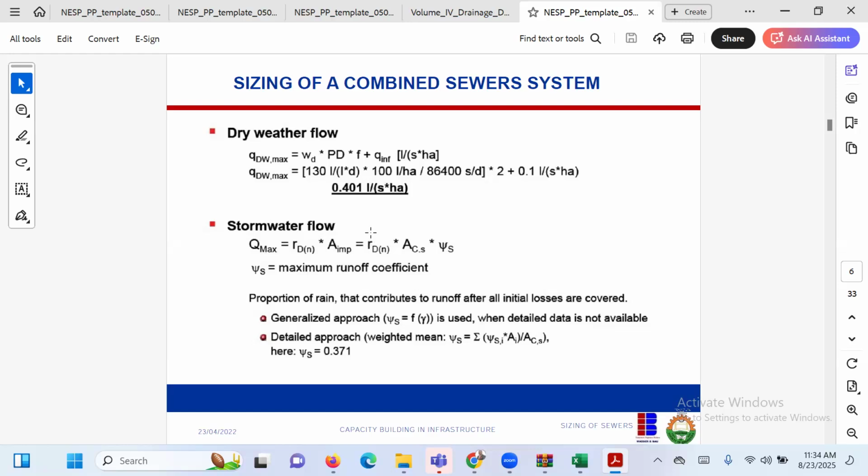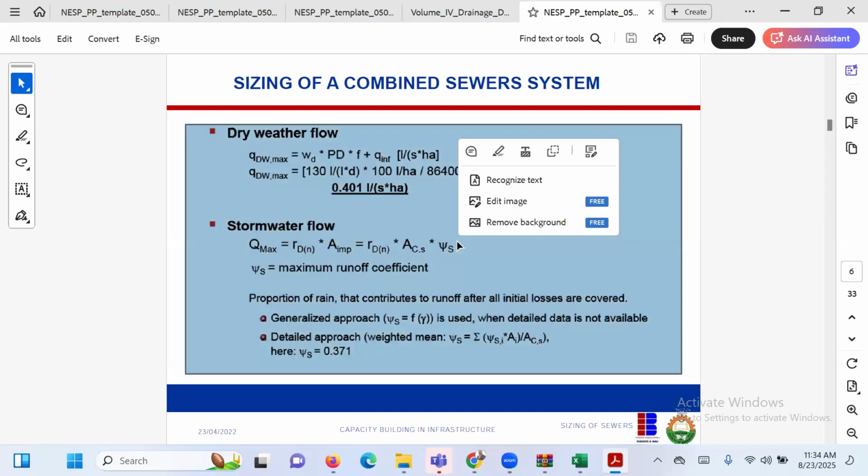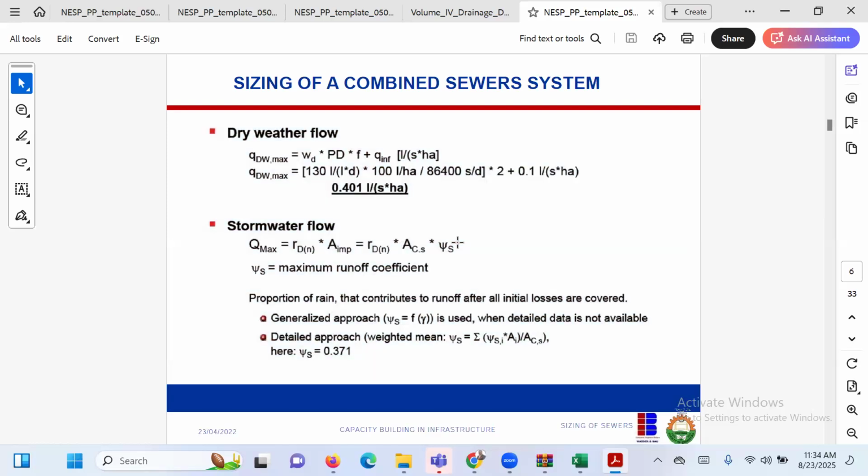However, if you want to get the impervious area, which is A imp, you simply multiply the total area of the catchment by the runoff coefficient. So if I want to get the area of imperviousness of a place, all I need to do is get the total area, multiply it by the peak runoff coefficient. That will give me the area.